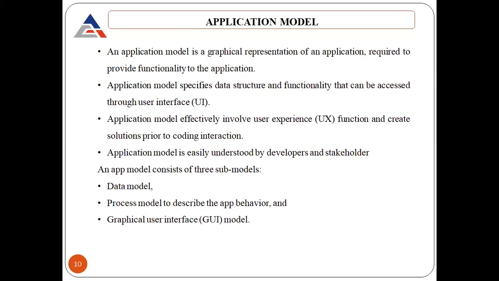There are three sub models: a data model, process model, and graphical user interface model. Whenever we design the application model, we represent it in three form factors: data model, where data is stored; process model, whatever action is going to be performed; and graphical user interface model, the model through which the user interacts with the application.